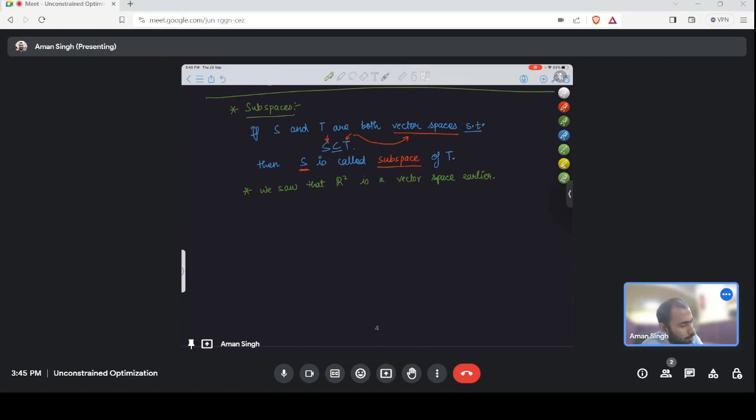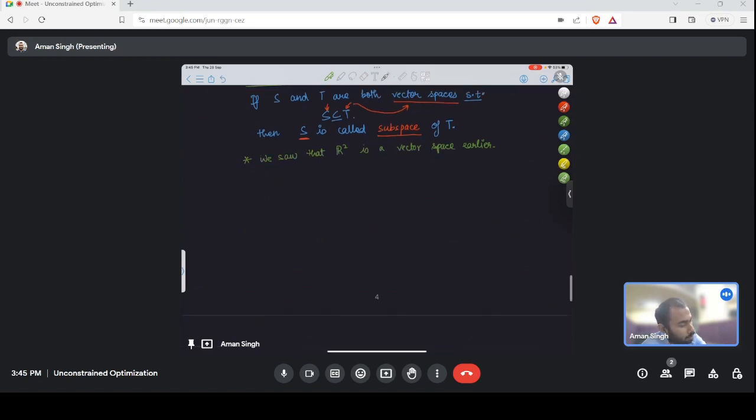So let's try to look at what the possible subspaces of R square are. I'll just draw R square.